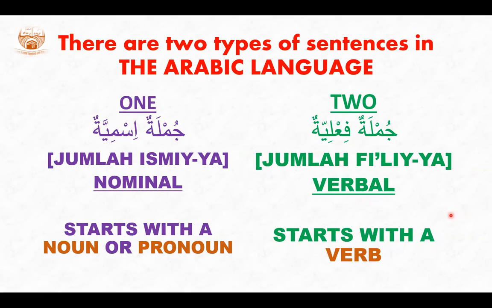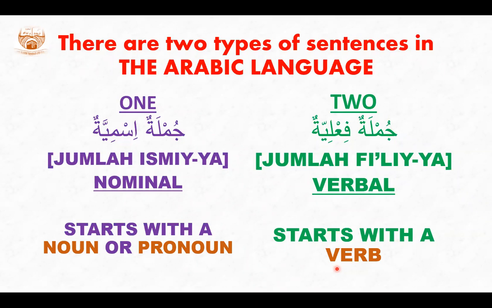Now, when we are determining whether a sentence starts with a noun or a pronoun, or whether it starts with a verb, we cannot just look at what the English sentence starts with. But we need to look beyond that, because most sentences in the English language will start with a noun.